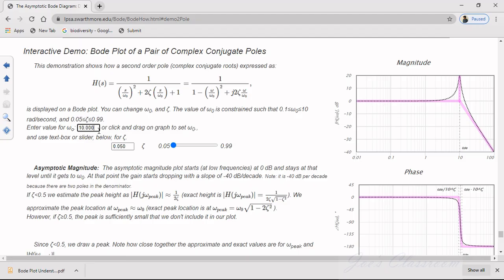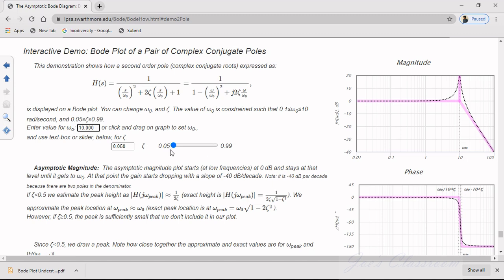The corner frequency, or the frequency of natural oscillation, is entered as 10 radians per second, and the theta value I can vary from 0.05 to 0.99. This setting is given because the poles are going to be complex conjugates only for a theta ratio of 0 to 1.